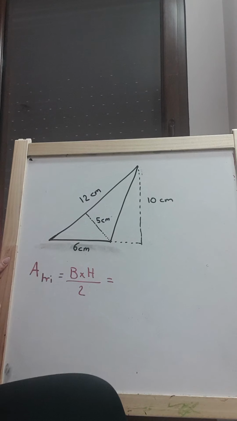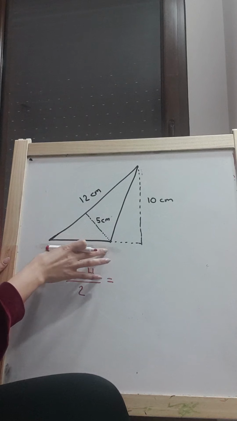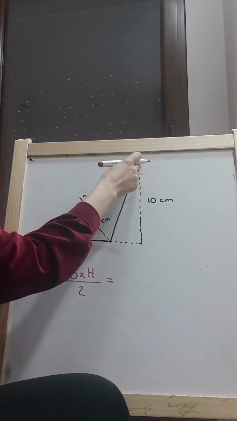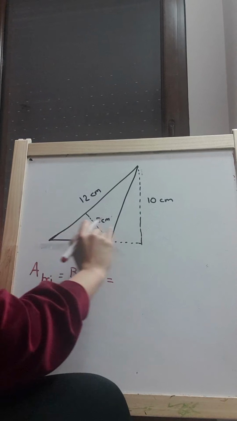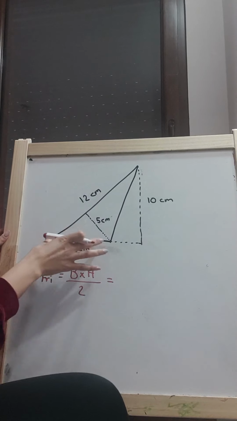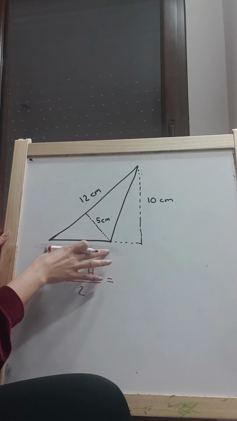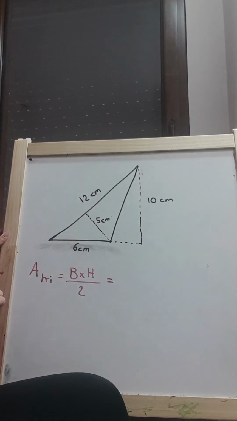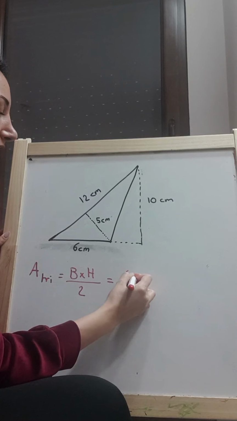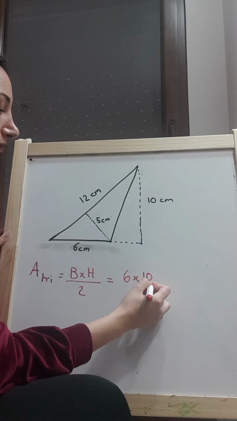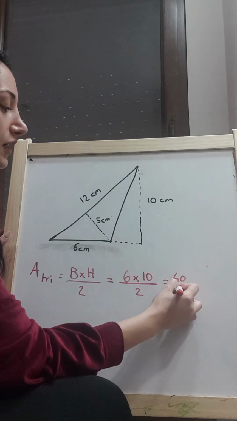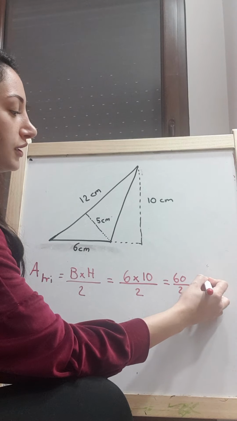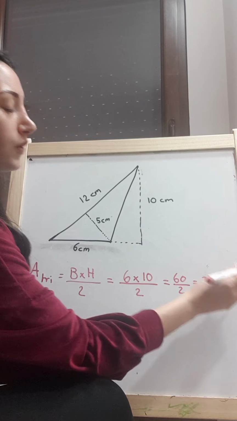This is a height for the triangle, and this is a height for the triangle. Thus, which one do you choose? For this base, I look at the opposite vertex. I go down perpendicularly to the level of the base. So if you choose this base, you should choose this height with it. So you multiply 6 by 10 divided by 2, which is 60 divided by 2, 30 centimeters squared.